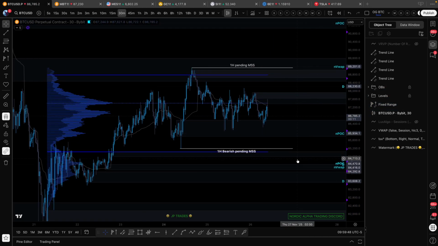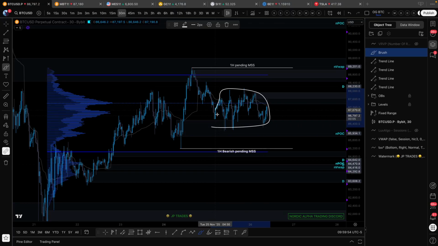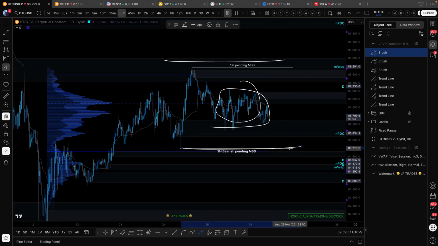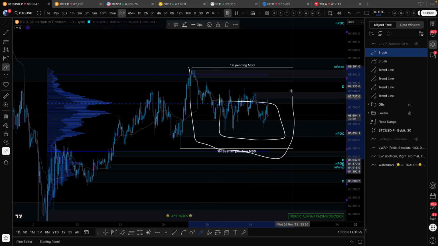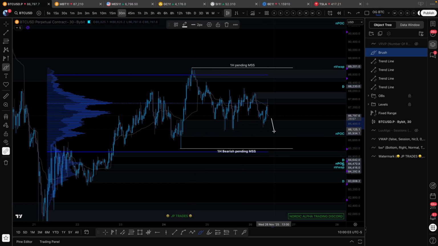from this area. However, same as yesterday, a lot of the trades are the exact same as yesterday because we have not moved out of this 1 hour range. We're just simply making a range inside of this 1 hour range.